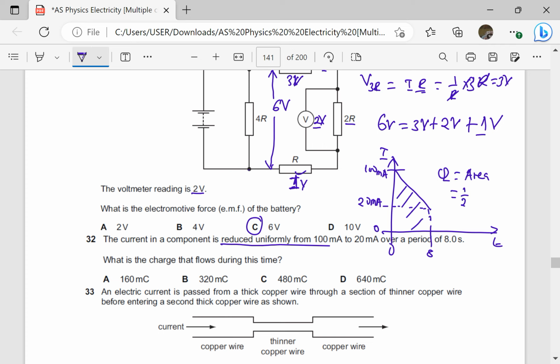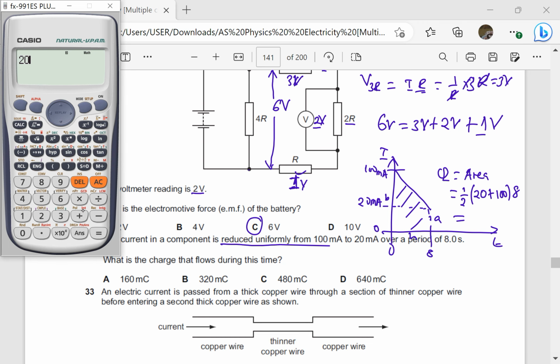A trapezium is a half A plus B, so this will be A, the other side will be B, and this will be H. For those who do mathematics, the area of a trapezium, A will be 20 milliamperes, and B will be 100. Then what is going to act as my height is going to be 8. So this is going to be equal to 20 plus 100 times 8 divided by 2.